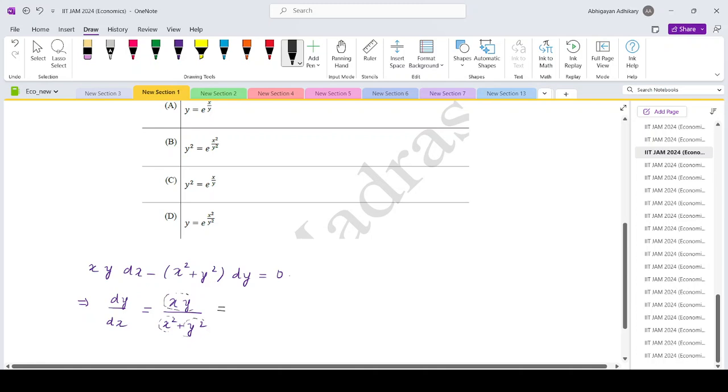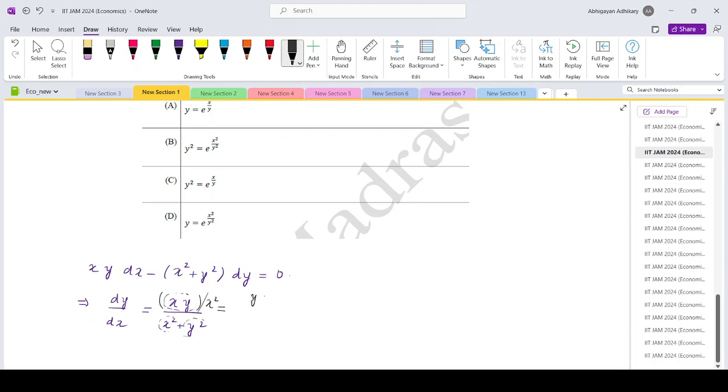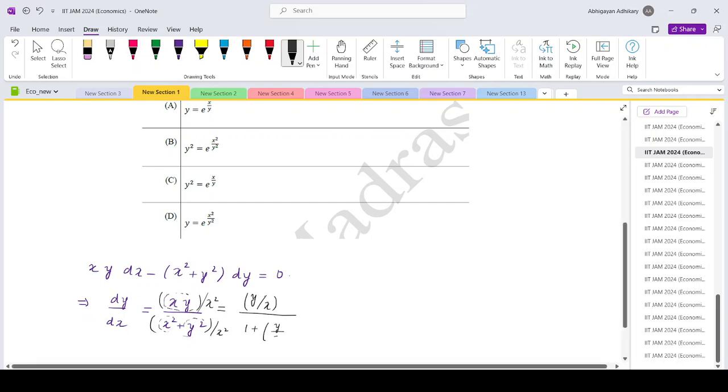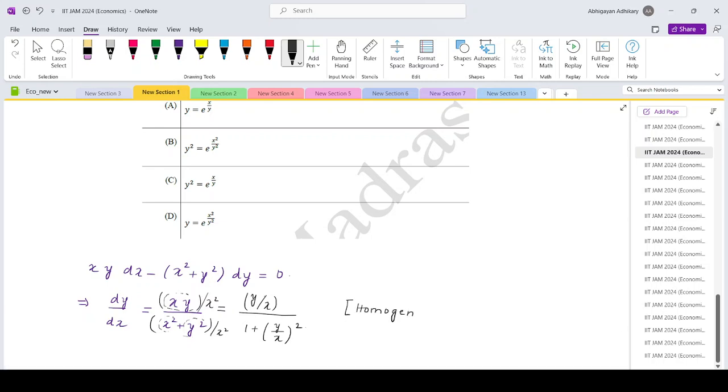So if you divide by x squared in both the numerator and denominator, then you basically get (y by x) divided by (1 plus (y by x) whole squared). So that means this is basically a homogeneous differential equation.